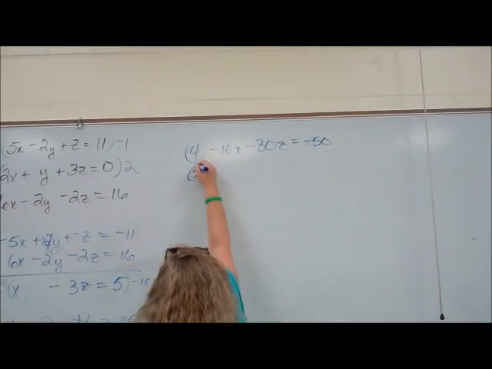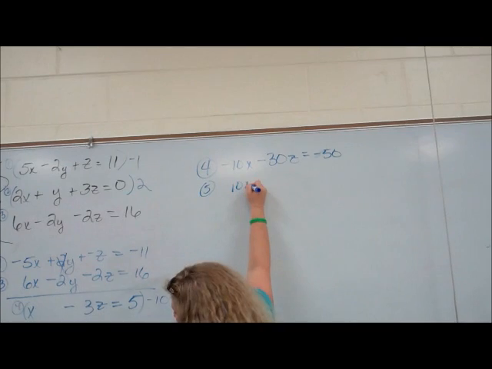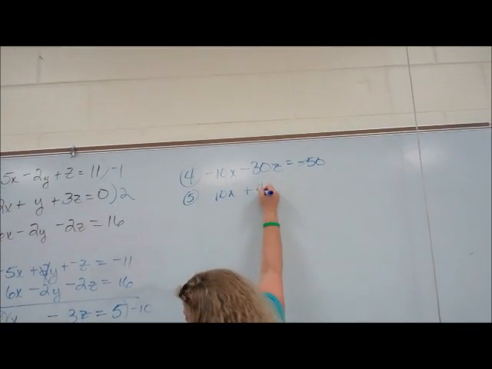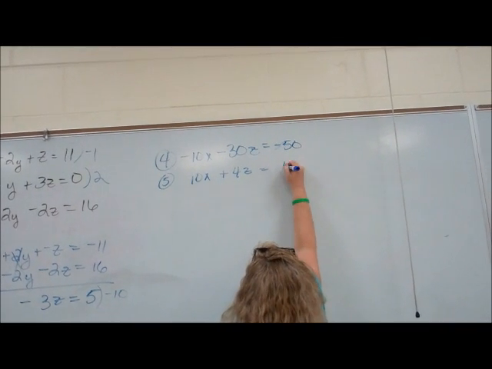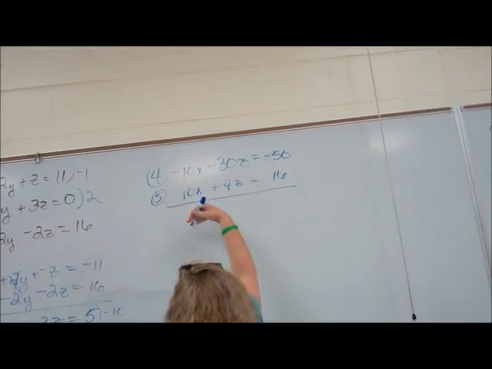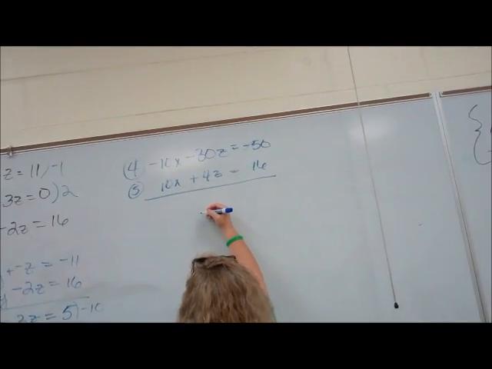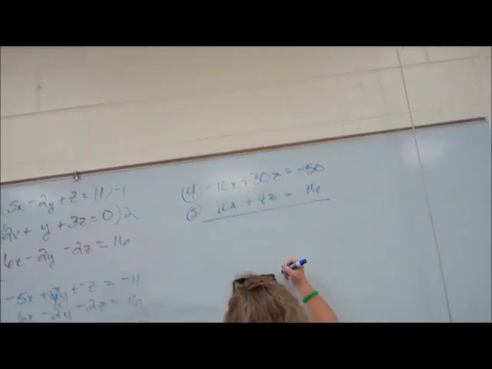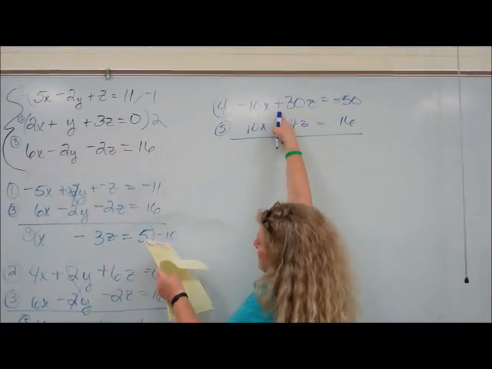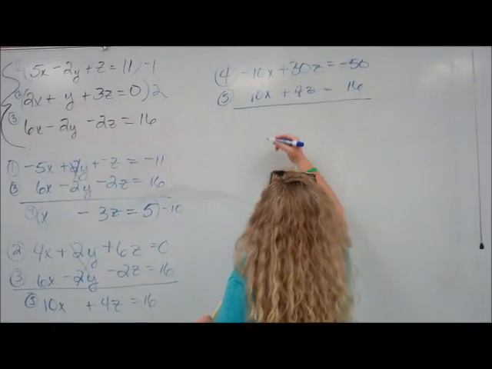Wait, did I do something wrong here? Yep, I did. That should be positive because it's -10 times -3. Grab equation 5: 10x plus 4z equals 16. Add.